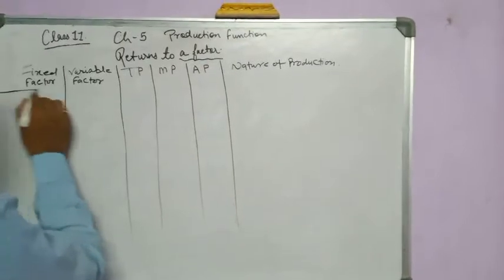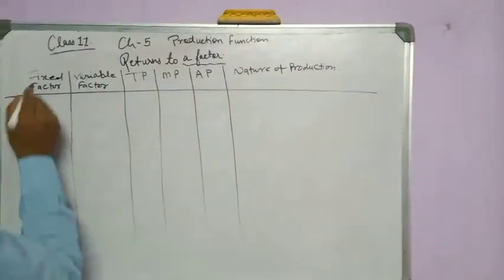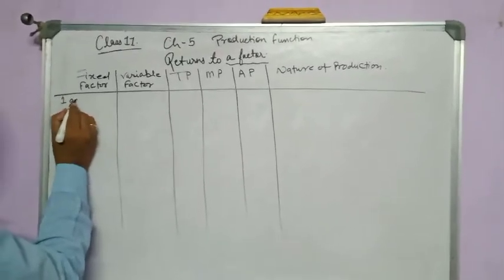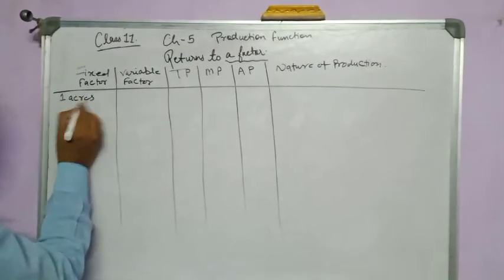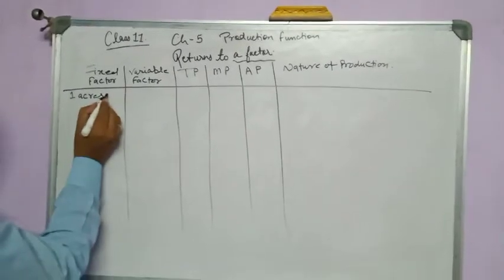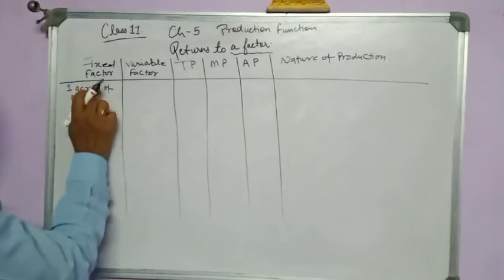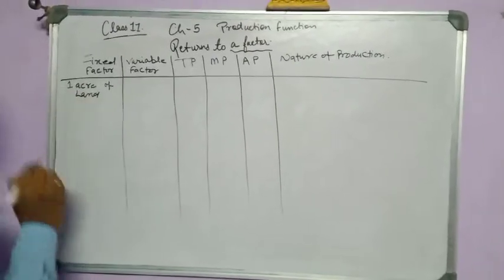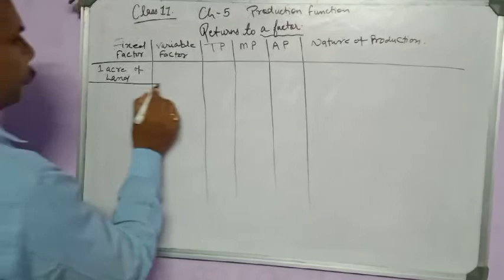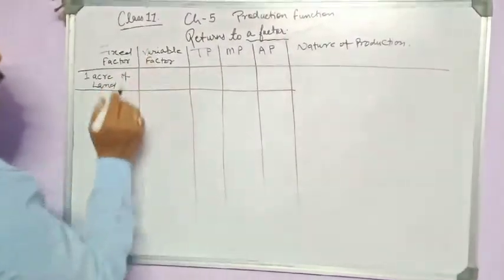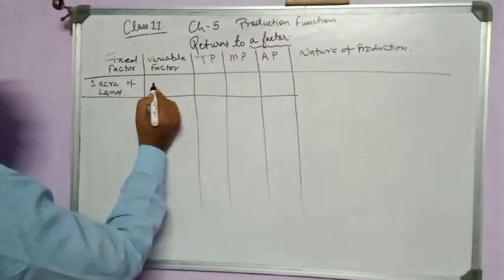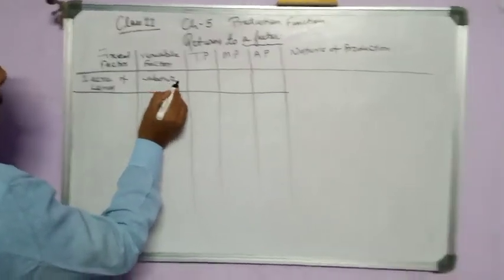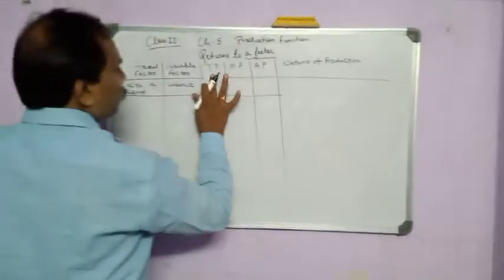Okay, so in the fixed factor I have taken 1 acre of land. Here in the variable factors I have taken labor. Is it clear? So this is the labor.